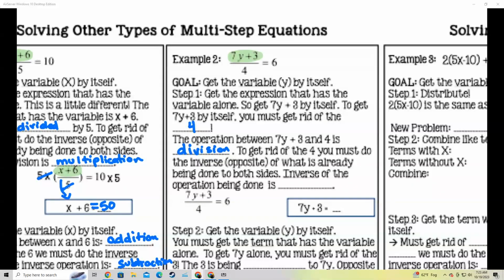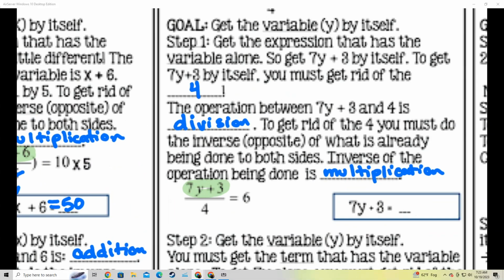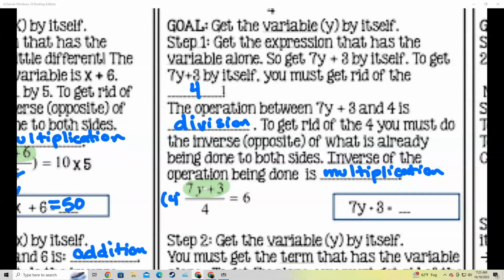The inverse operation being done is multiplication. So again, I'm trying to get this 7y plus 3 by itself. That means I need to get rid of the divide by 4. I get rid of the divide by 4 by multiplying both sides by 4. These are going to cancel. And now you get 6 times 4, which is just 24.